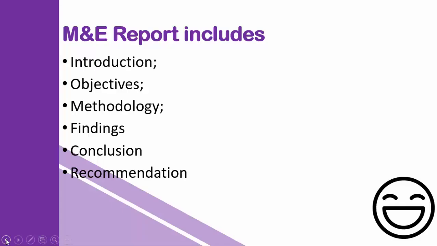The recommendations have to explain what you think should be done to improve the project. That is what M&E really is all about: making sure that if there are bad results in the findings, you offer recommendations for improvement.